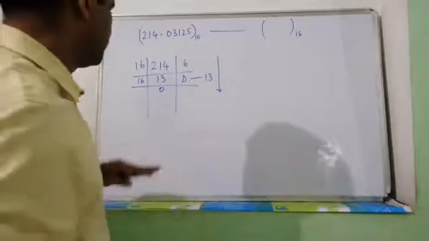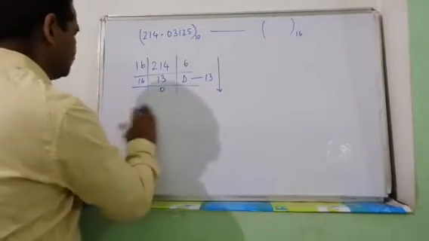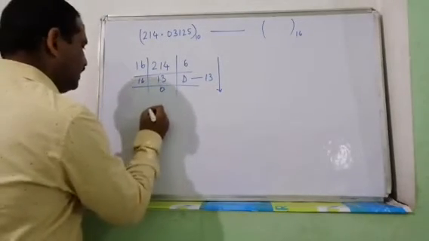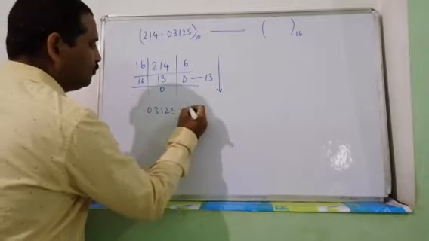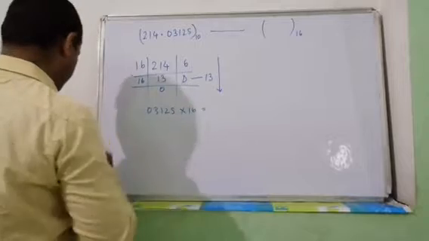Now the fraction part. 0.03125 we have to multiply by 16.